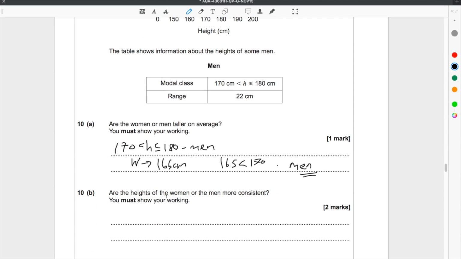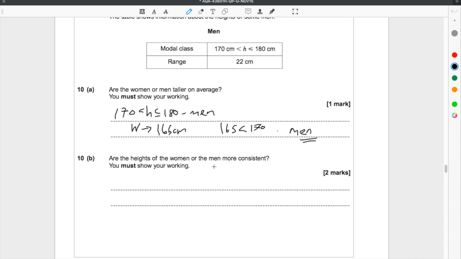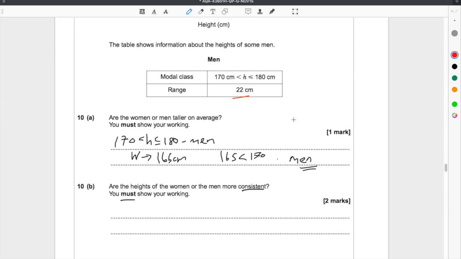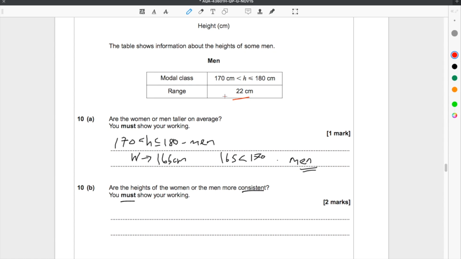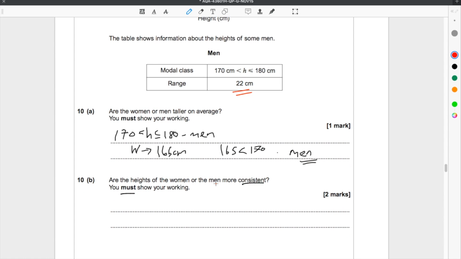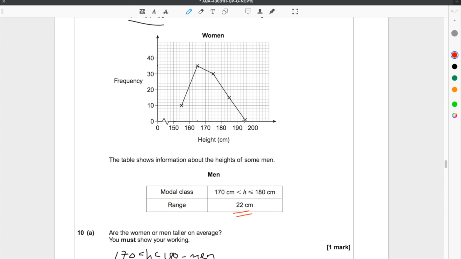Okay. Now 10b says, are the heights of women or the men more consistent? Now with consistency, when we see this, instantly we should be thinking about range, because range shows consistency. And with men the range is 22. But what for women? Well, the greatest value for women is here, which corresponds to 195.